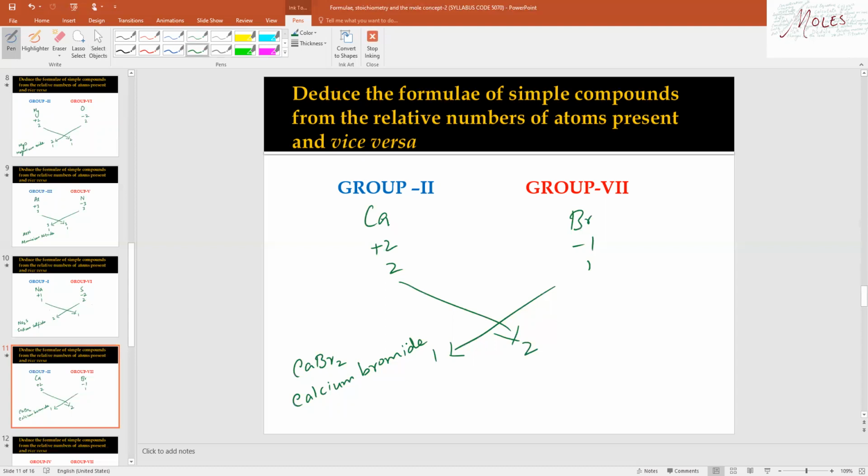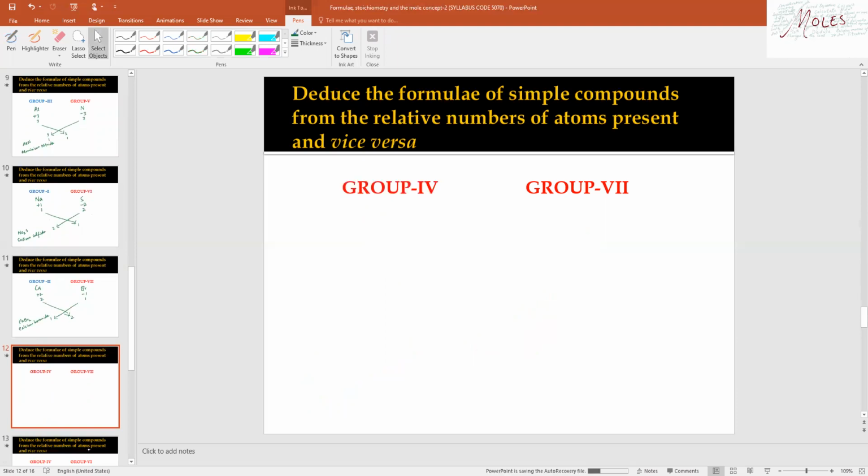Now let's predict the formula between two different non-metals. Carbon from group 4 and chlorine from group 7. Subscripts will be swapped and the final formula would be CCl4.